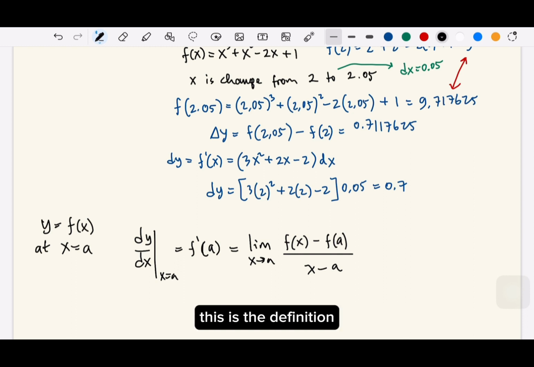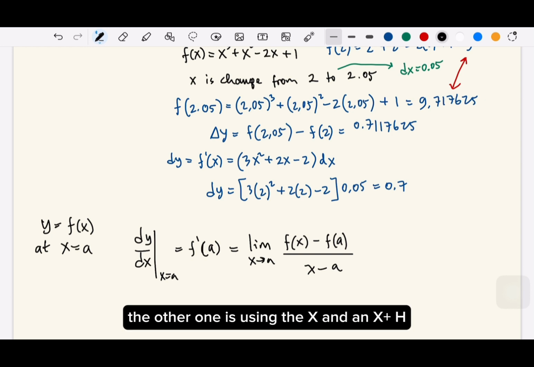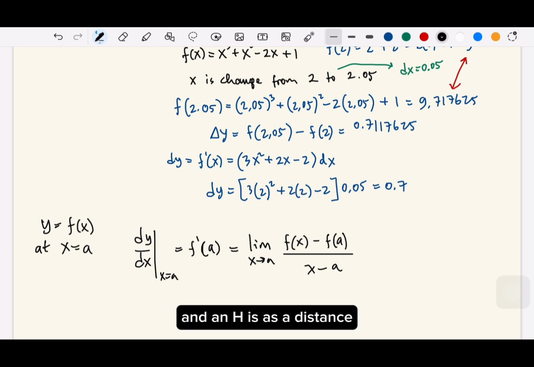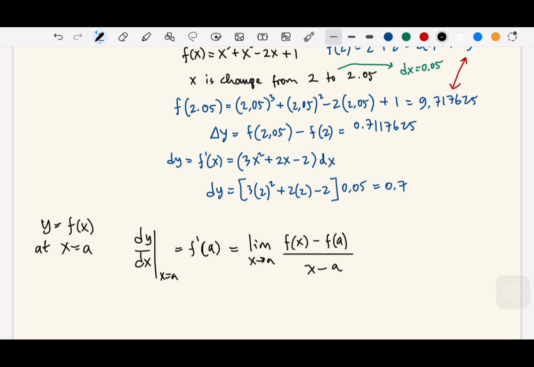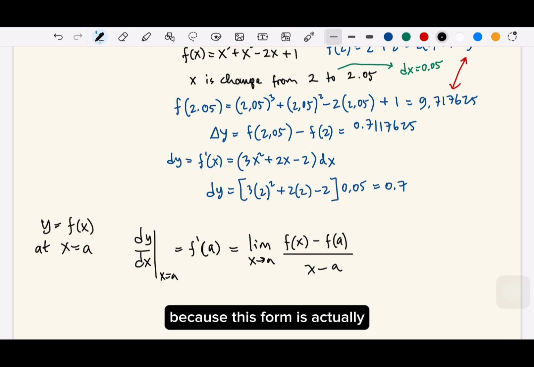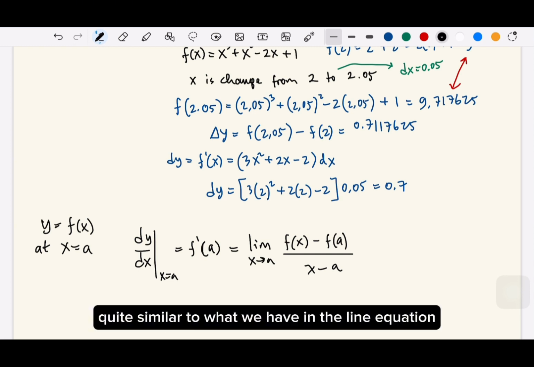This is the definition. There are two definitions. This is one of them. The other one uses x and then x plus h, where h is a distance. Here we are taking x and a. Because this form is actually quite similar to what we have in the line equations, right?